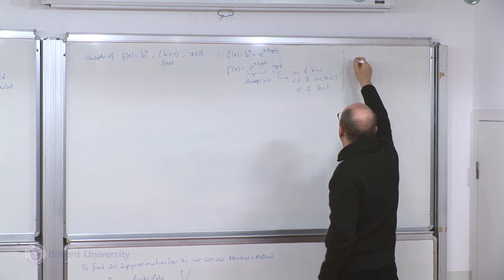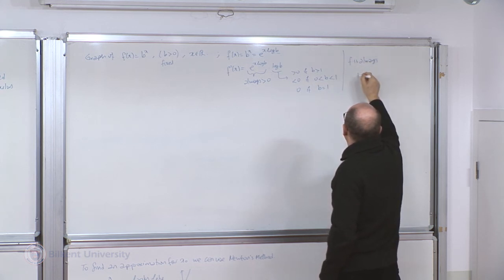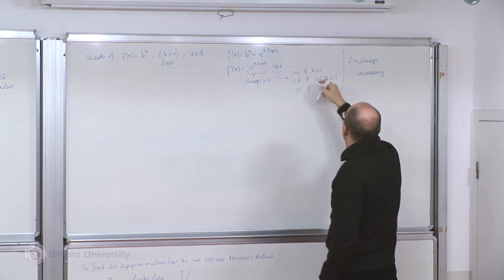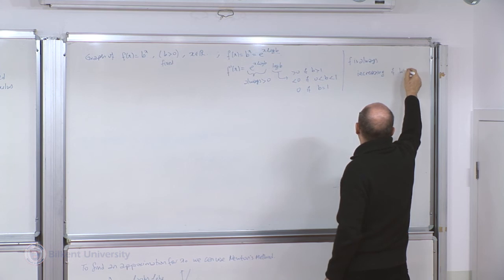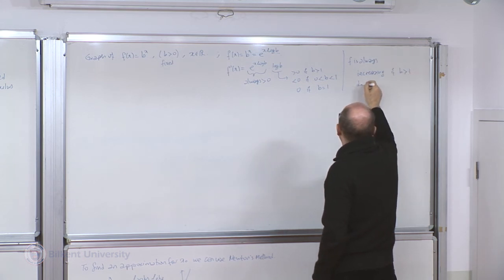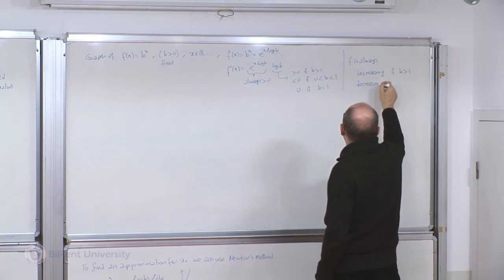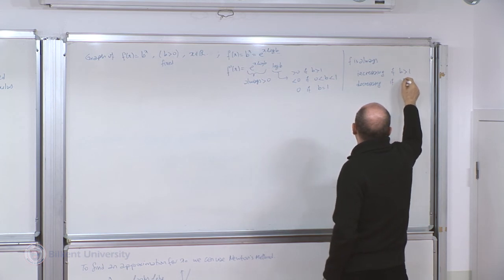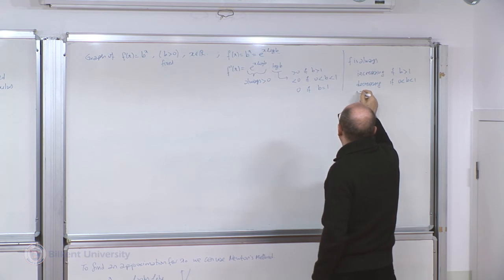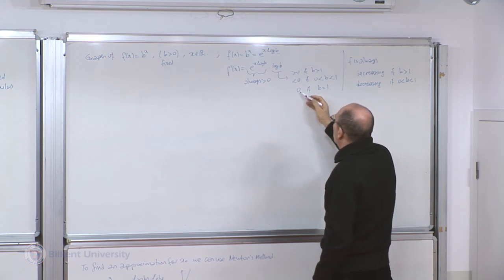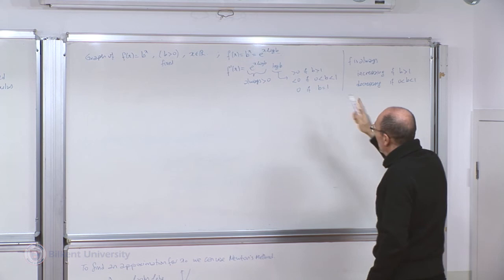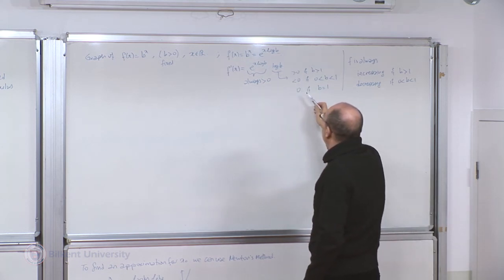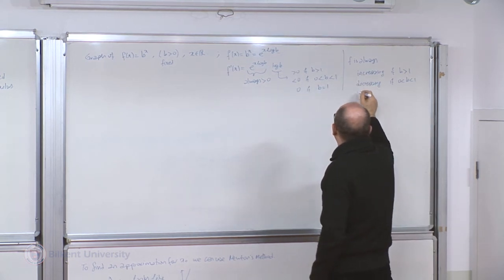Here f is always increasing if b is larger than 1, decreasing if b is less than 1, and constant if b equals 1, since the derivative is 0.